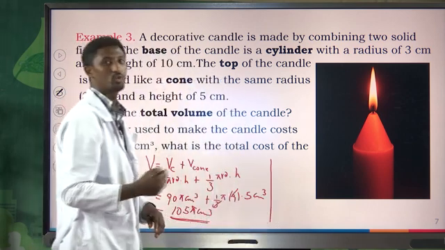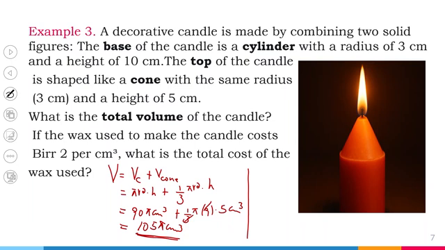And we are asked to determine the total cost of the wax used to make this decorated candle, if 2 bear costs per centimeter cube. So what is the total cost? Total cost equals volume times 2 bear per centimeter cube.